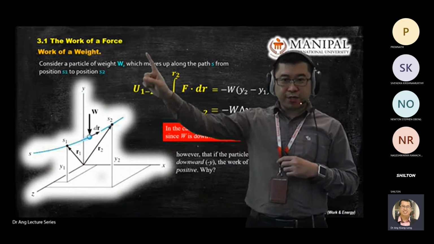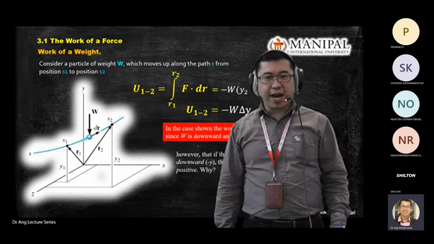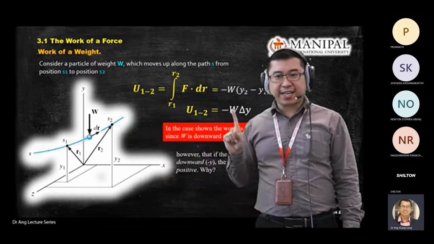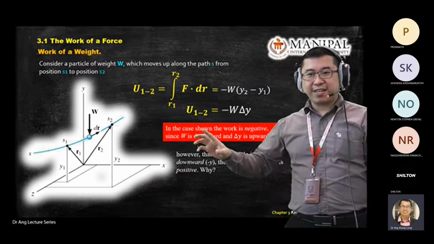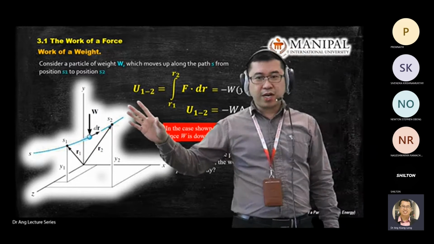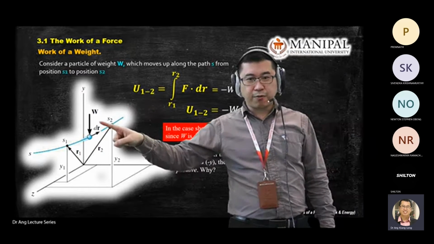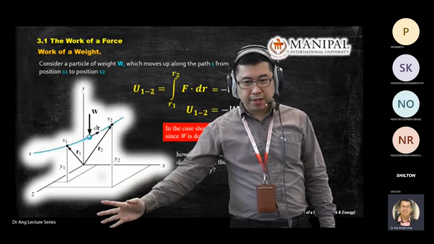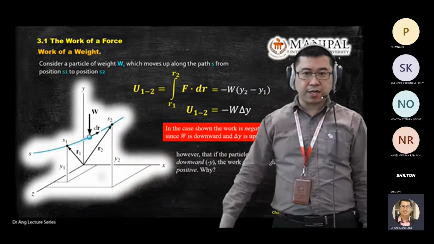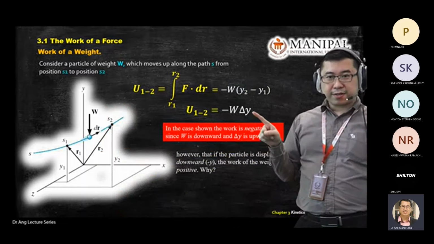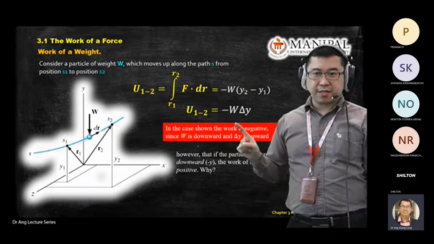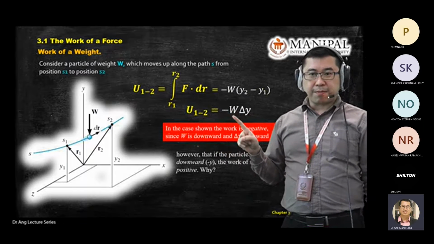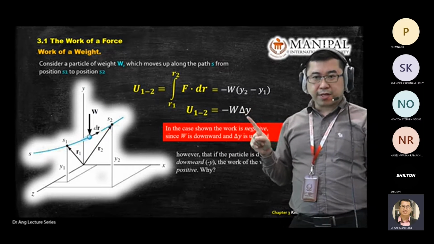Because our vertical axis is Y. So if other textbooks use Z, don't be confused. You have to know that work always looks at the force and the direction of the displacement. In this case, it is your weight. So your weight is doing work using this equation, minus W delta Y.